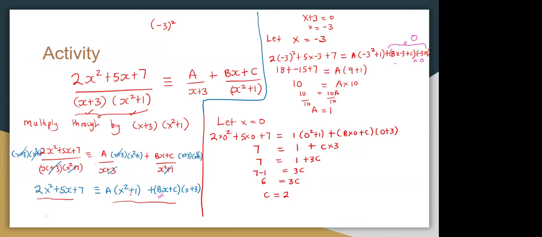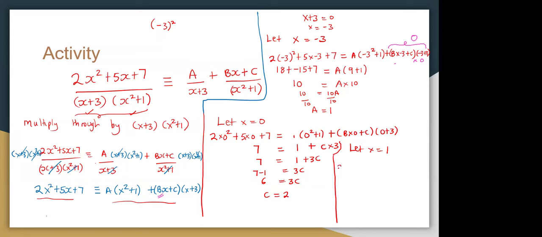So for that one, feel free to use any value of your choice, as long as it's not negative 3, as long as it's not 0. If you want, you can use 1. But always I advise, let us use smaller digits that will not disturb us. So for me, since I want smaller digits, I can say let x equal to 1.